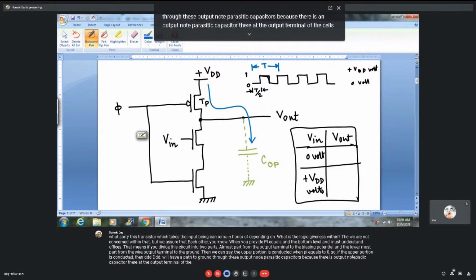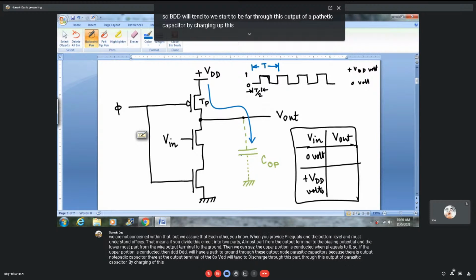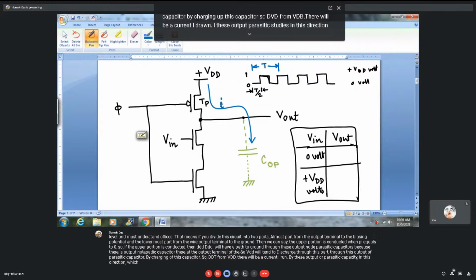So VDD will tend to discharge through this path by charging up this capacitor. From VDD there will be a current I drawn by the output node parasitic capacitor in this direction, which is shown. This current will charge up the output node parasitic capacitor.